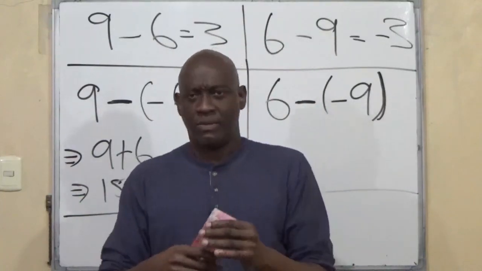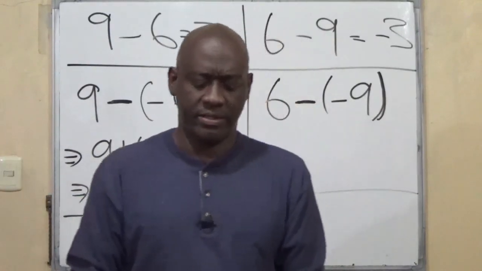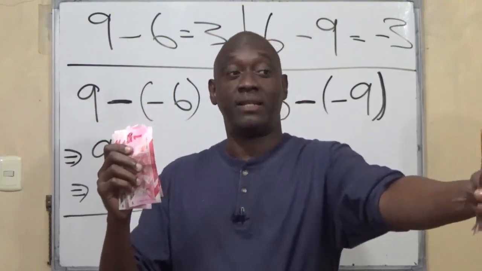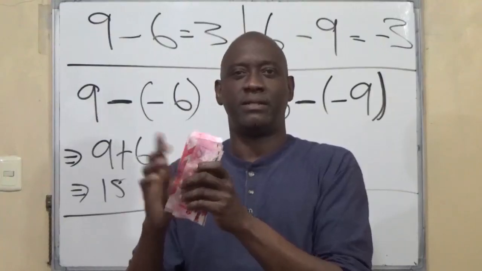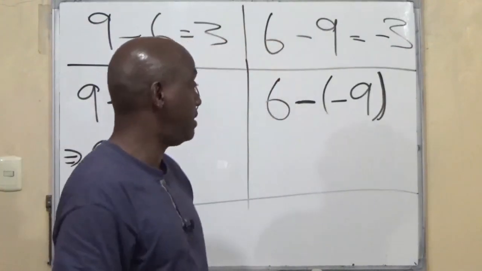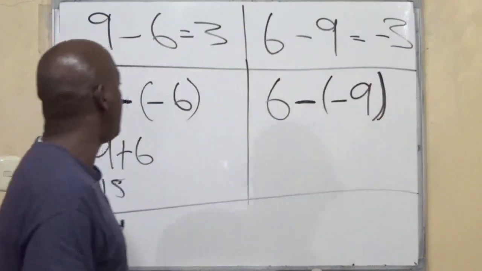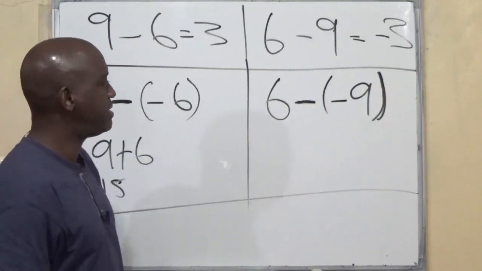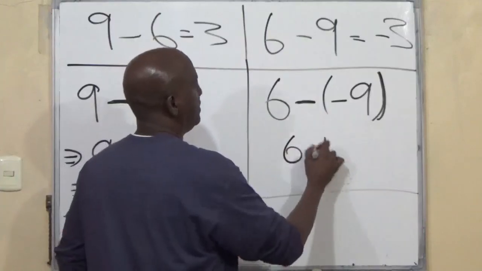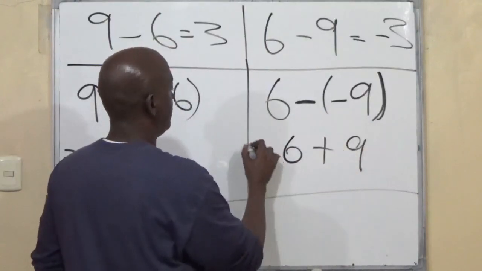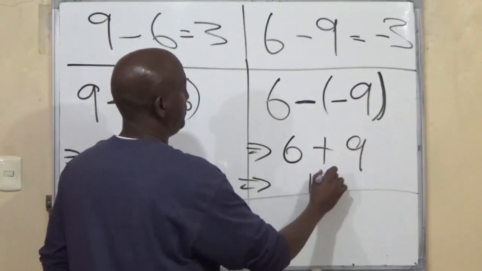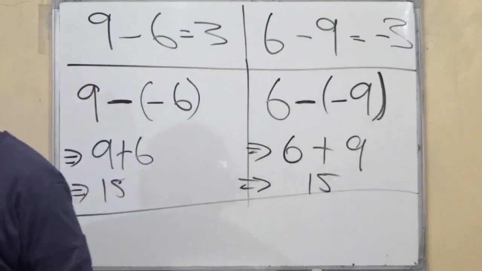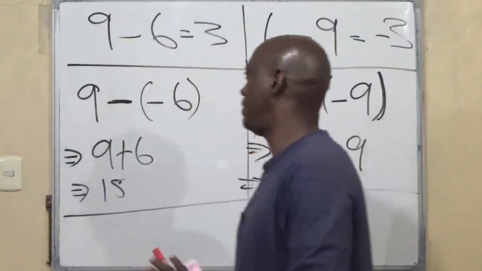So again, we understand intuitively, if you start with 6 and $9 enters the picture, 6 plus 9 is still 15. And having discussed it under these circumstances using the minus sign, that would devolve into 6 plus 9, which would be 15.